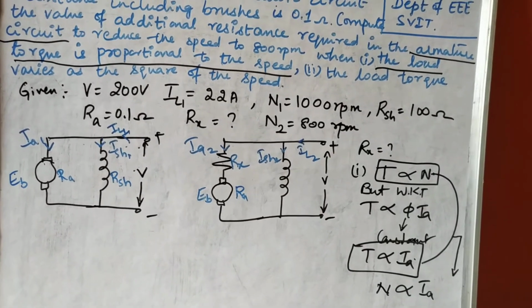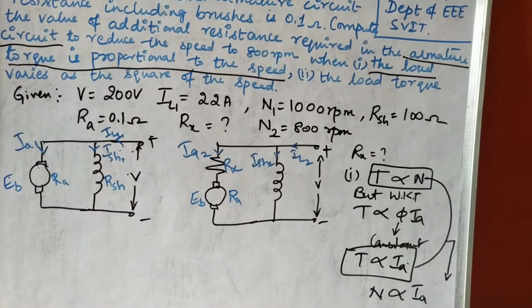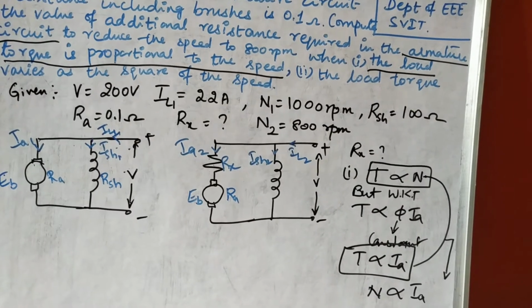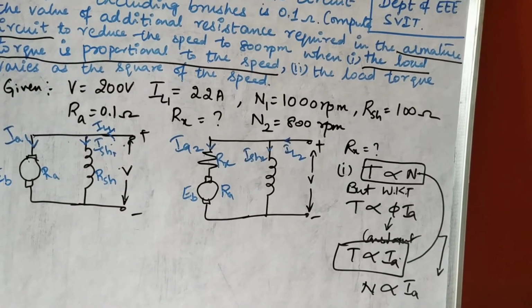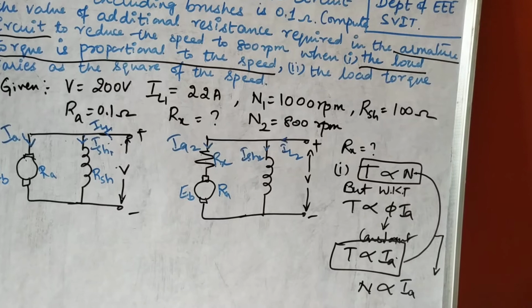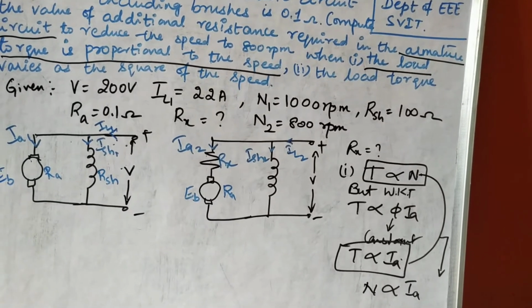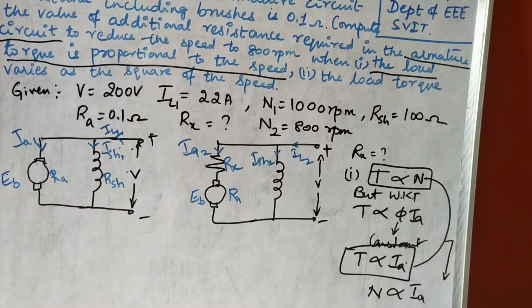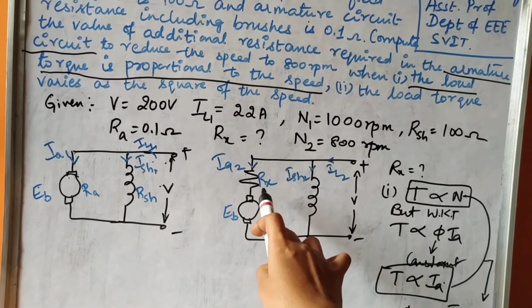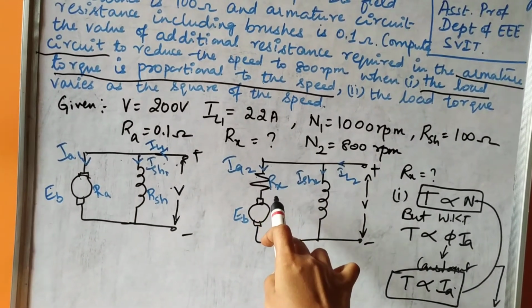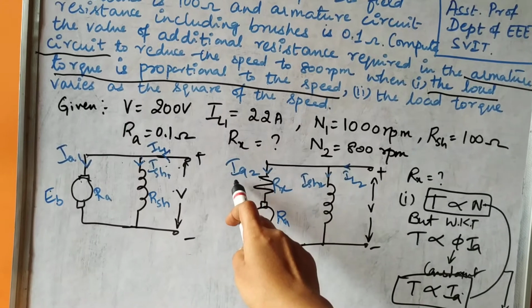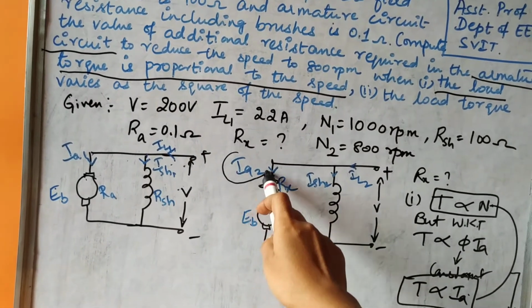Okay. Fine. Now let us take up the two equations. Why are we considering this? Because we intend to find out the Rx value. What current is flowing through this resistance Rx? The armature current, yes or no?